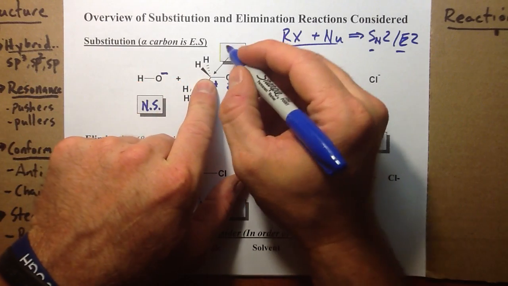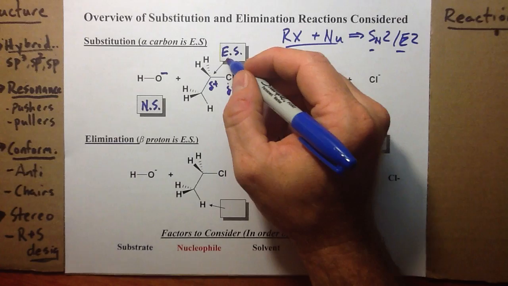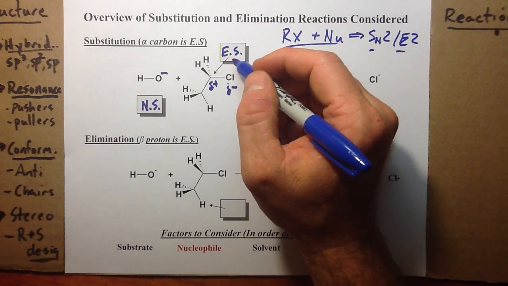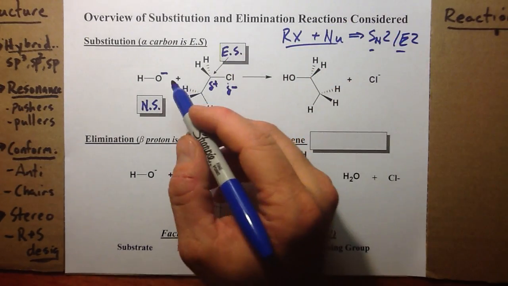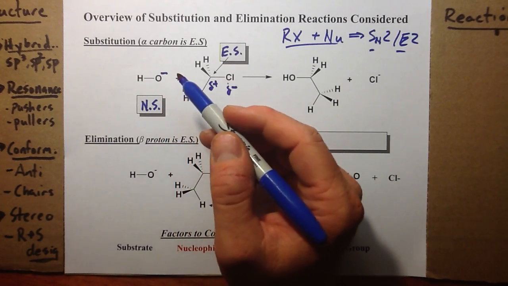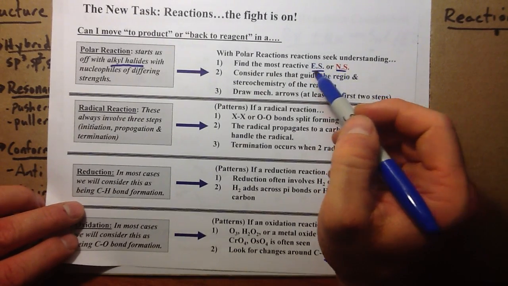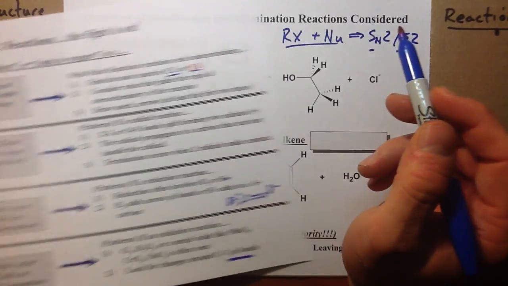This carbon then would be an electrophilic site, electron-loving site. So we can now make the connection. On the last slide we said bonds form rich to poor. Find these most reactive sites and bring them together.